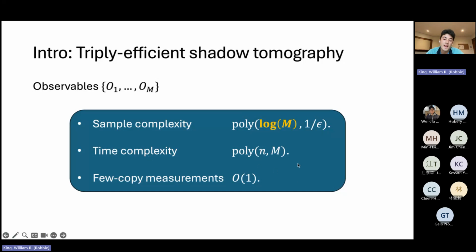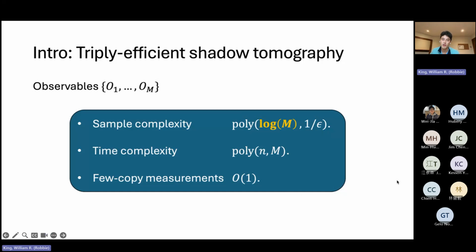Note that the time complexity has to be at least linear in m because the output of the problem is a list of m expectation values. So it's impossible to have time complexity log m. But the way to think about it is that this is a classical processing cost. And really the expensive resource is the copies of the quantum state, which perhaps you need to run a quantum algorithm to generate, or to run some physical experiment and spend some energy.